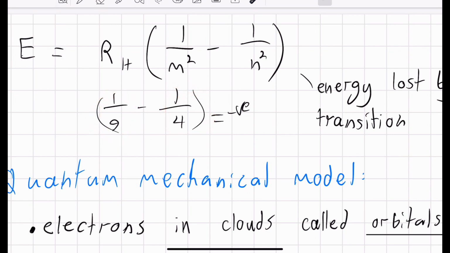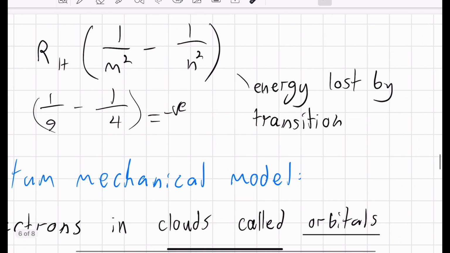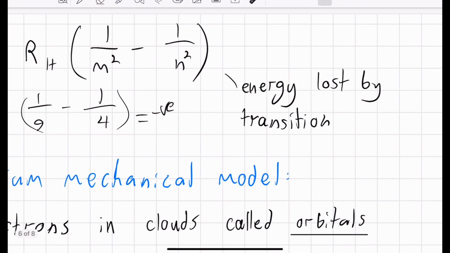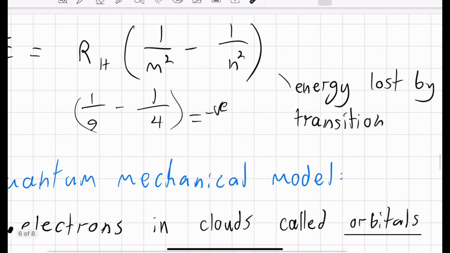So if m is 3 and n equals 2, then we're going to have a loss of energy. And so this means that energy, as I've written here, is lost in these transitions. And this is, of course, from higher to lower energy levels. If we're going from lower energy levels to higher energy levels, there's going to be an increase in energy.